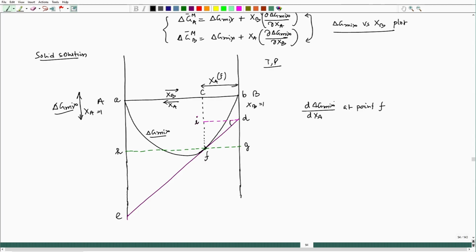Geometrically, it would be IF divided by ID.